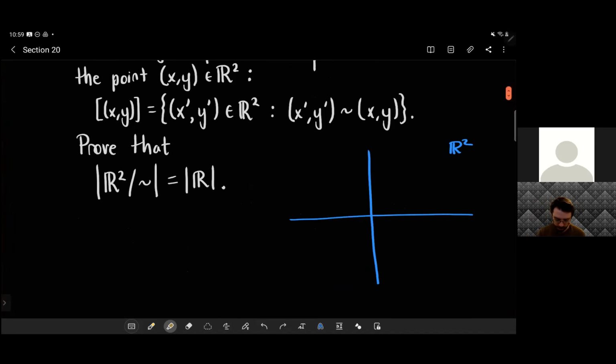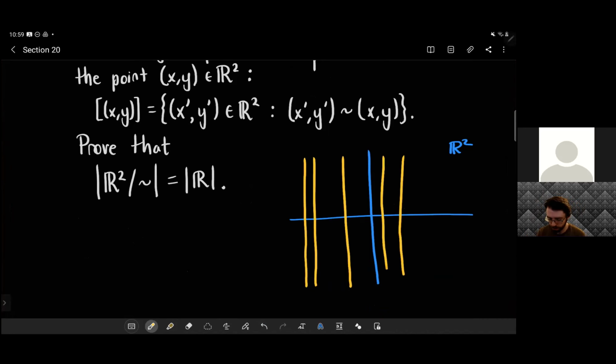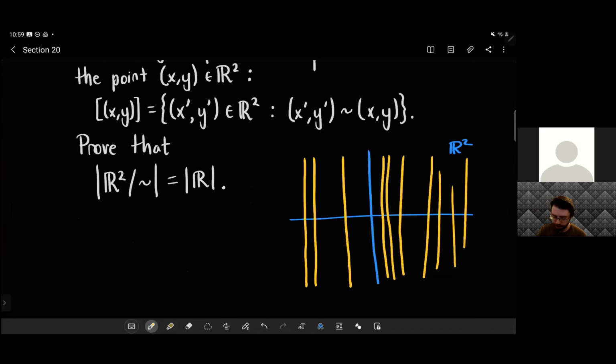then what that looks like is, okay, here's an equivalence class, here's an equivalence class, here's an equivalence class. All of these are equivalence classes, right? I could just pepper the plane with vertical lines.